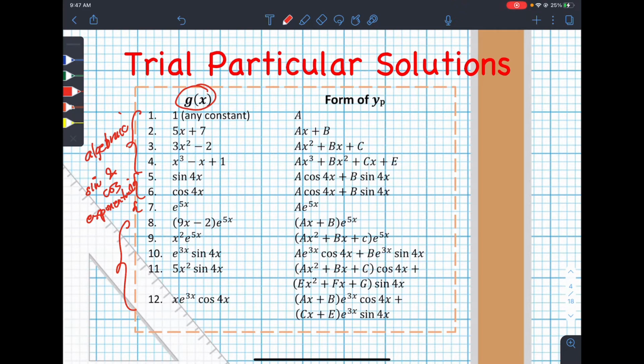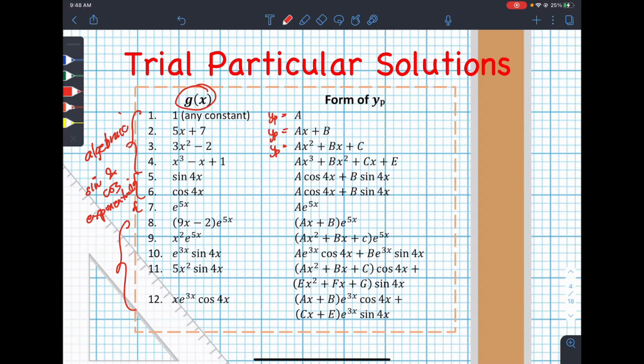It's because in a particular solution, these are actually already our y sub p. Y sub p here is equal to a. Y sub p here is equal to ax plus b. Y sub p here is equal to ax squared plus bx plus c. So that is already our particular solution, given the form of our g of x.